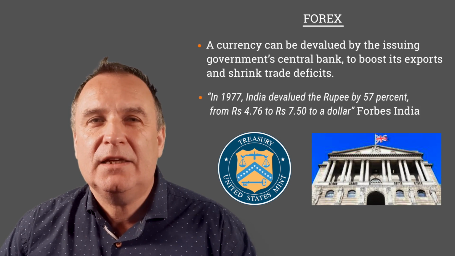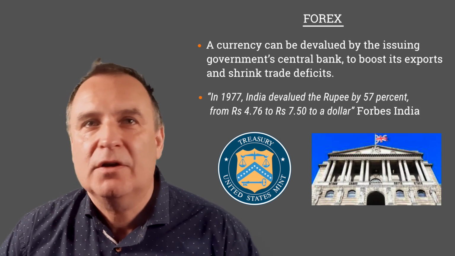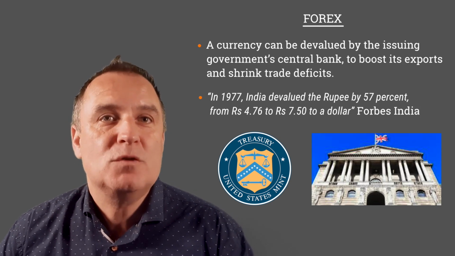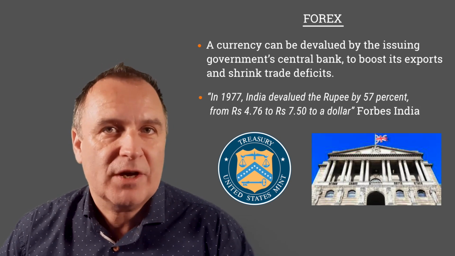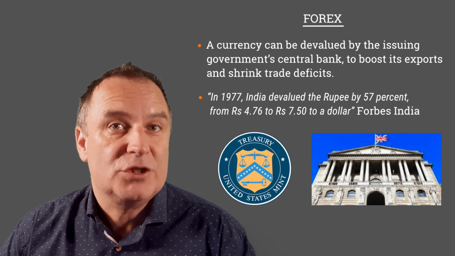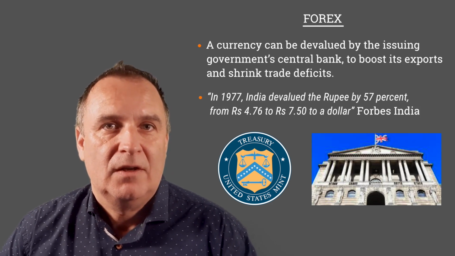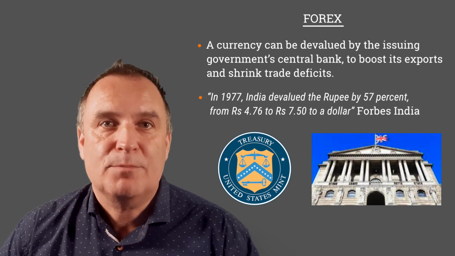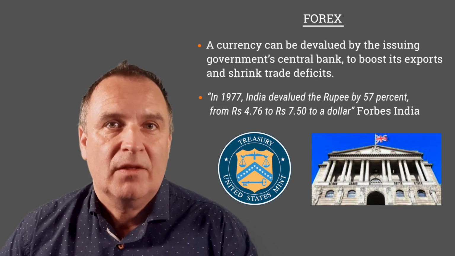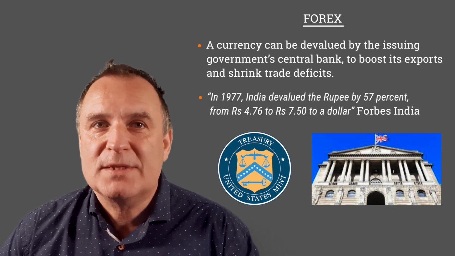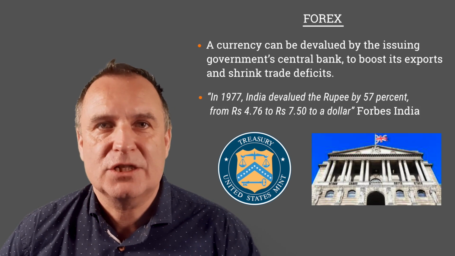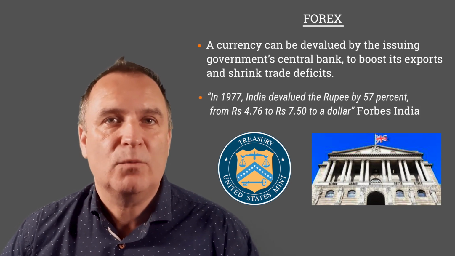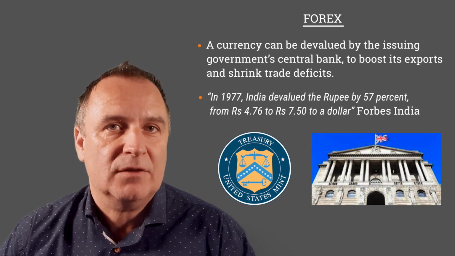But a currency can also be devalued by the issuing government's central bank in order to boost its exports and to reduce its trade deficits. So if it gains or loses value on the market, then we say it appreciates or it depreciates. But where it's a specific and deliberate policy decision by the issuing government's central bank, then we call it devaluation.